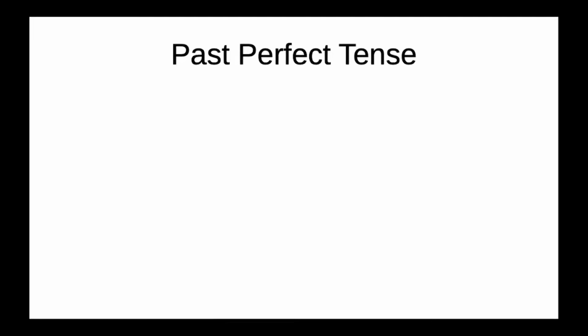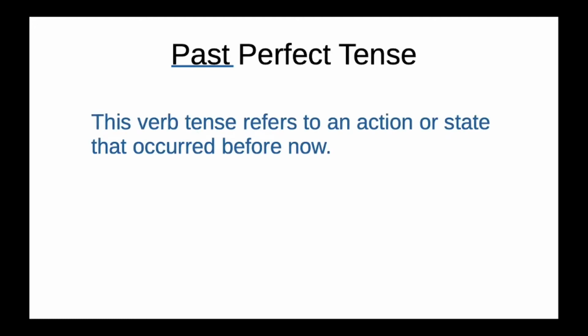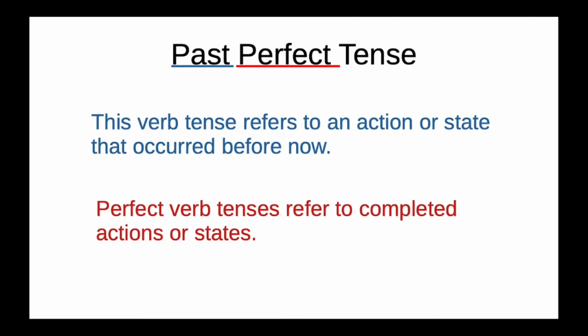How and when do we use the past perfect tense? By looking at the name of this verb tense, we can tell how to use it. This verb tense refers to an action or state that occurred before now. Generally speaking, perfect verb tenses refer to completed actions or states.